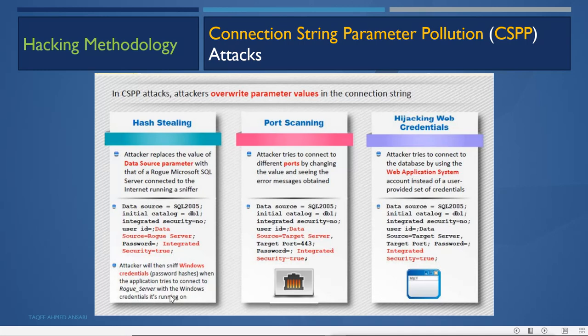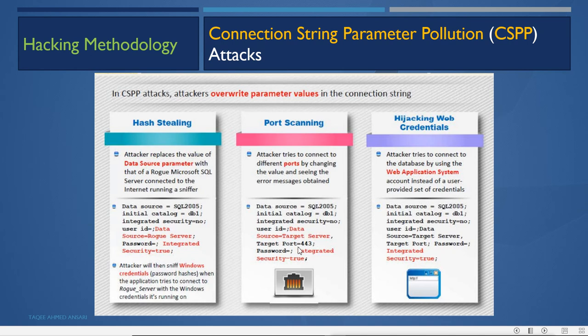So it can see the hashes here for the user, and it can sniff the password hashes of the authenticated user. Then it can do port scanning. The attacker tries to connect to different ports by changing the value and seeing the error message obtained. In the connection string, it will try to change the port value.